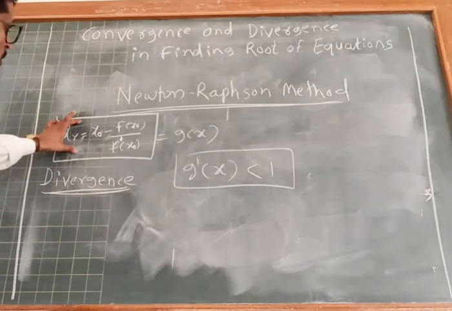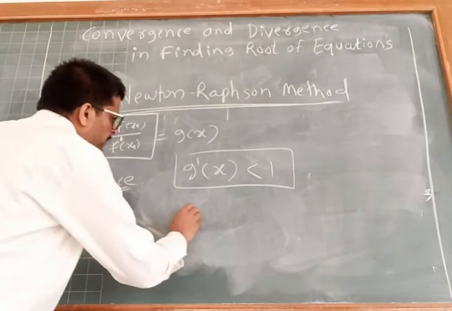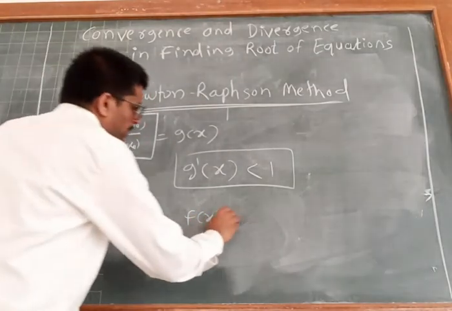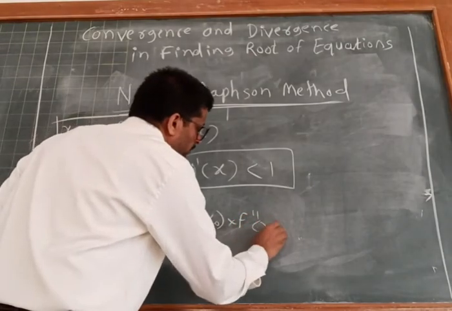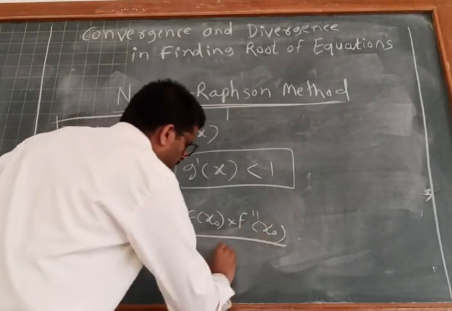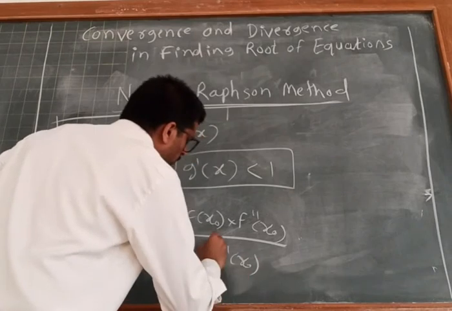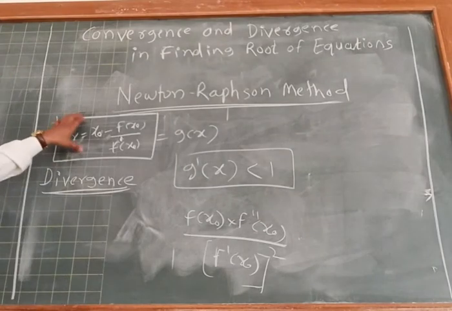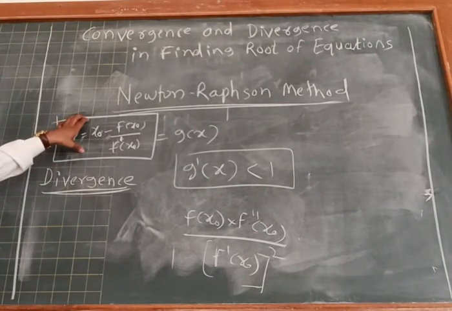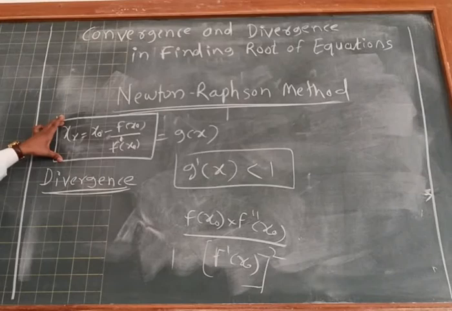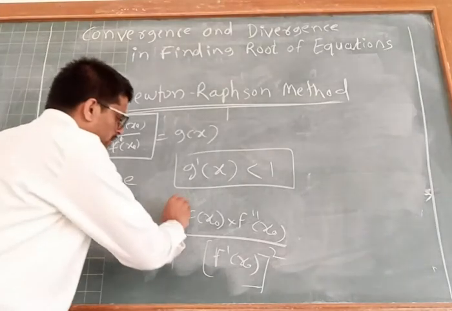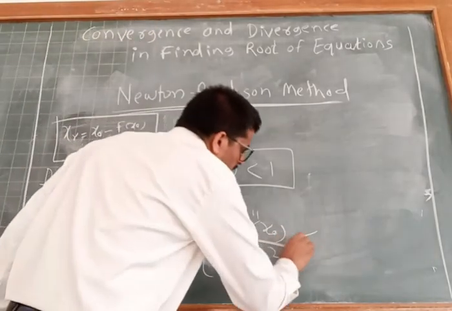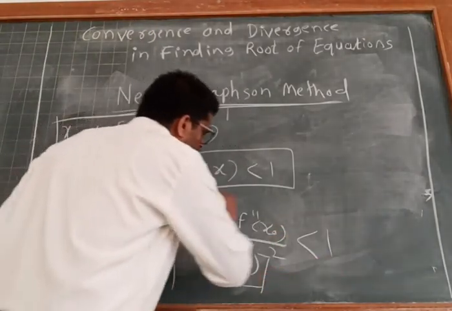So if I differentiate this equation, what will I get? f of x0 into f double dash of x0 divided by f dash of x0 bracket squared. So if I differentiate this given formula with respect to x0, then we will get this. To get a convergent solution, our criterion is that this should be less than 1.